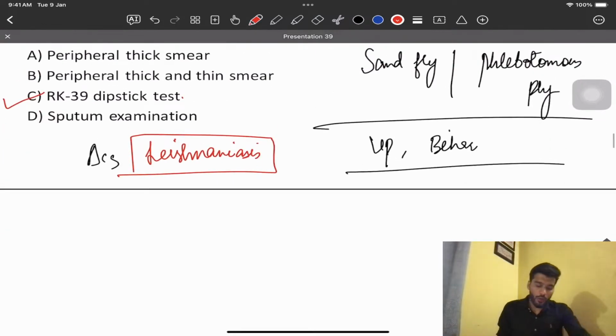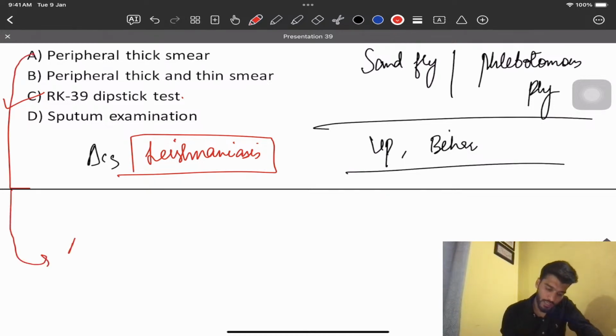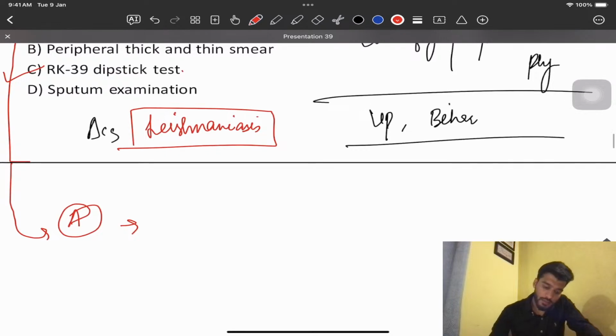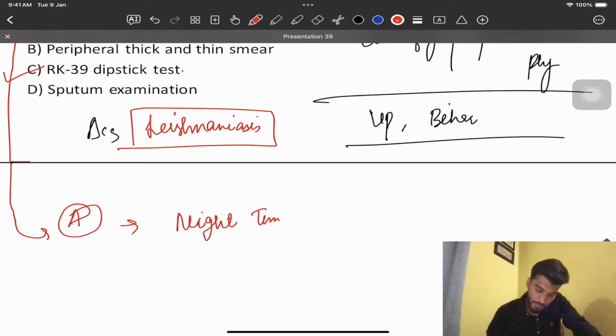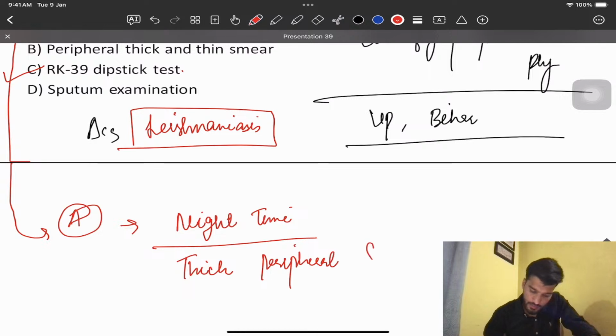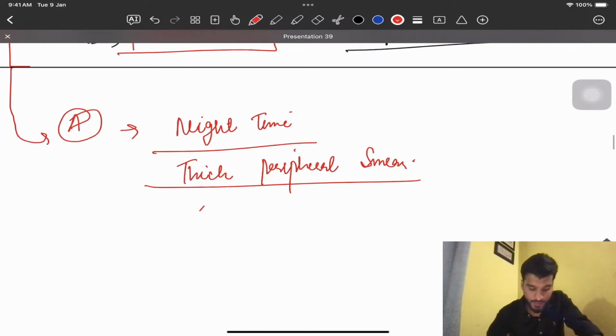Okay. If I talk about peripheral thick smear, option A, during the night time, thick peripheral smear, that is done for filariasis.